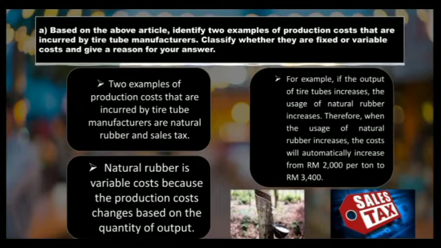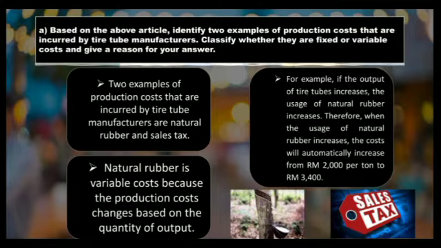Question A. Based on the above article, identify 2 examples of production costs that are incurred by tire tube manufacturers. Classify whether they are fixed or variable cost and give a reason for your answer. From the article, there are 2 examples of production costs that are incurred by tire tube manufacturers. Those are natural rubber and sales tax.